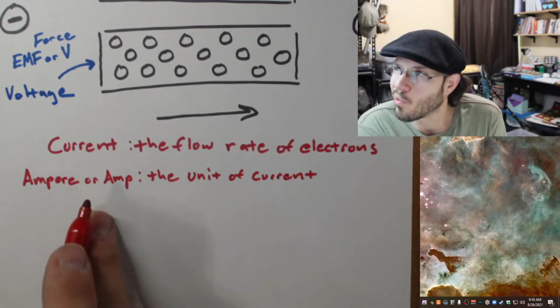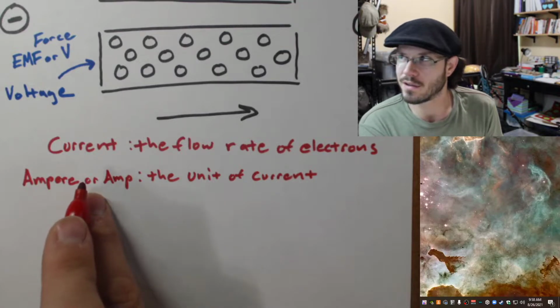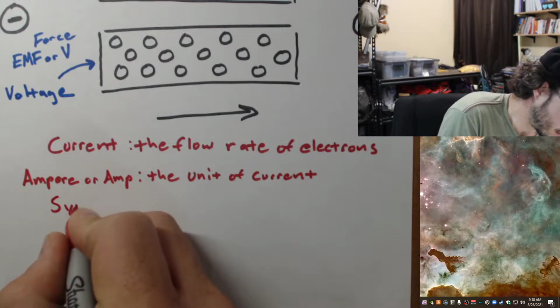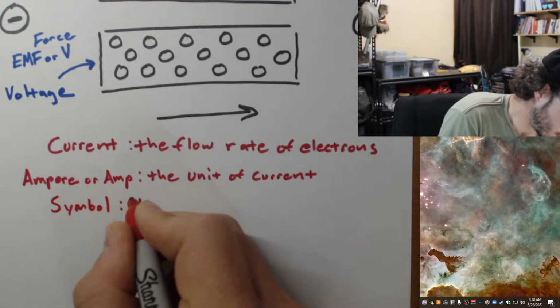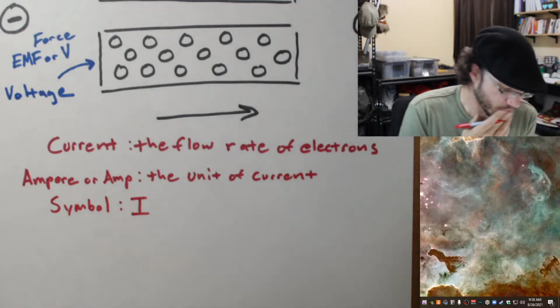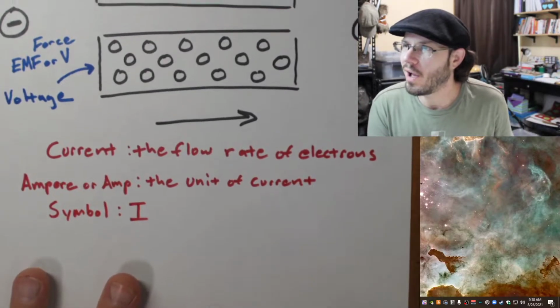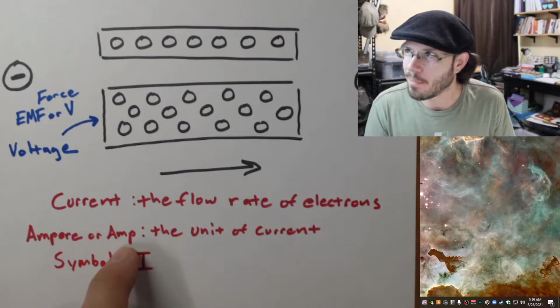The symbol that we're going to use for current is going to be I. And now we need to go ahead and quantify what 1 amp is.